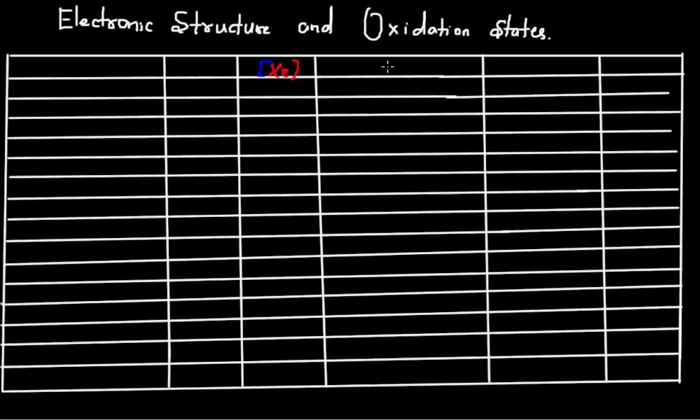Xenon. There's going to be 4f, there's going to be 5d, there's going to be 6s. Right. So first, let us learn the names.